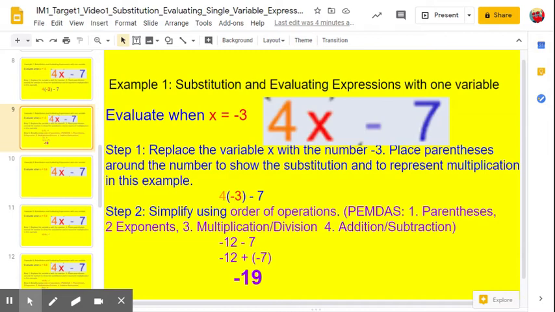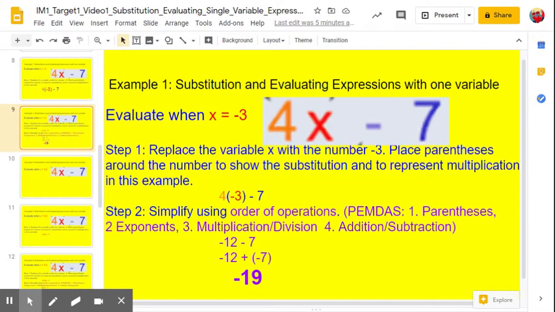So on our example here, we did the 4 times the -3. So that gives us -12 minus 7. And then when we're dealing with integers, we learned a lot in the past that it's easier just to do addition with integers. So we can change this -12 minus 7 by adding the opposite, right?